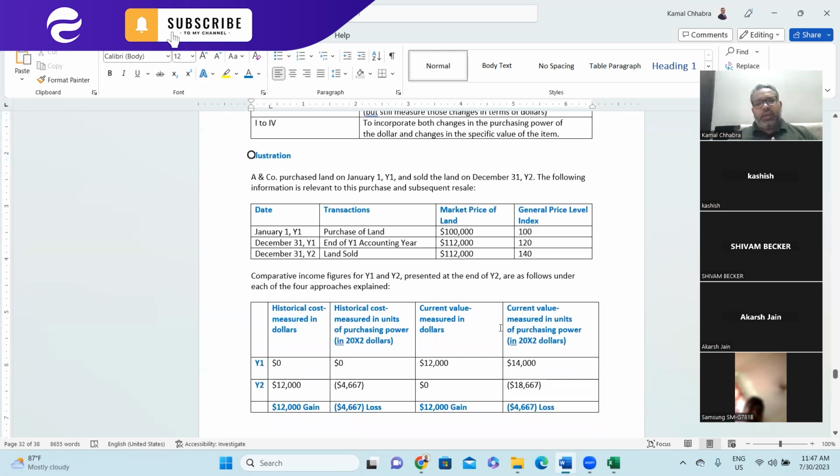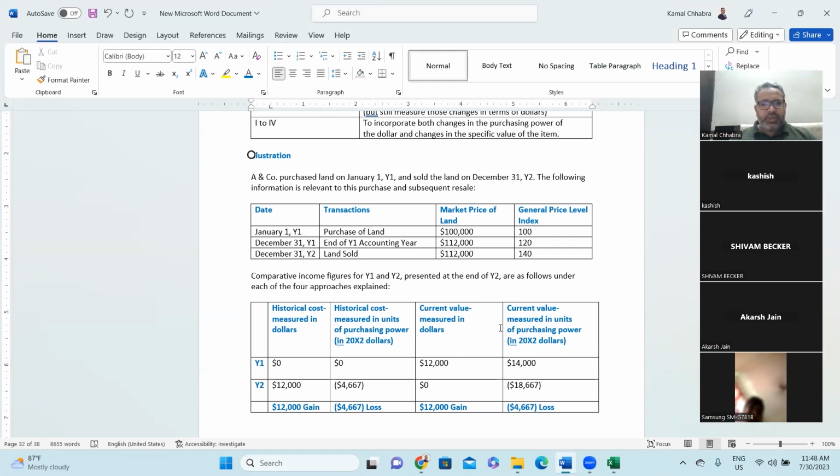All right. So AN company purchased a land on January 1st, year 1, and sold this in December year 2. The following information is relevant to the purchase and subsequent resale. On January 1, purchase of land for $100,000 and general price index was 100. In December year 1, that is year end 1 accounting, market price of the land is $112,000 and the general price index was 120.